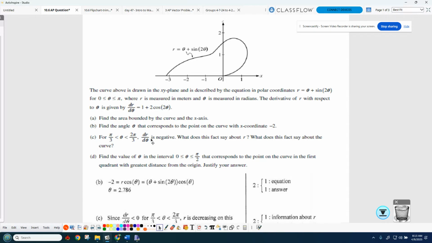But okay, what does that say about R, and what does that say about the curve? I was very angry with this question the first time I did it. I saw that as one question, and it's 2. Yeah. The R is getting smaller and the curve is getting closer to the pole.